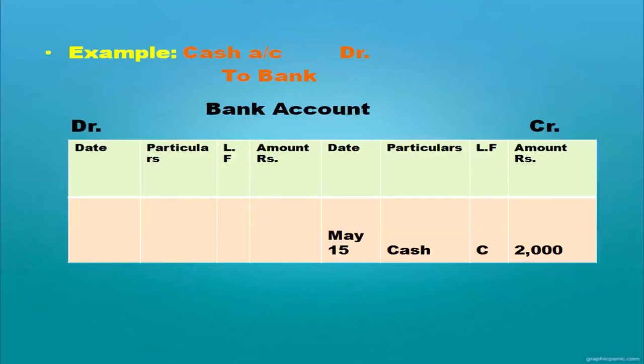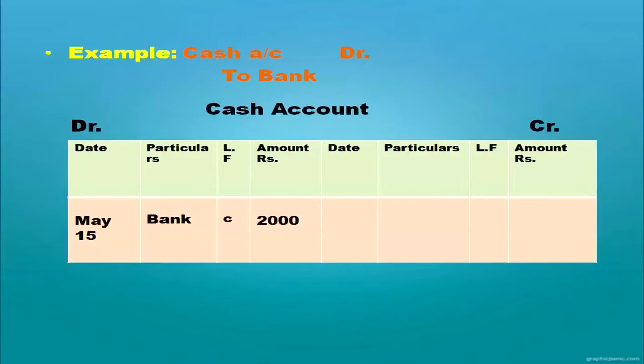That is why in the bank column of the cash book we are writing the amount in the bank column. Same transaction: By Cash in the bank column, you are writing on the credit side.